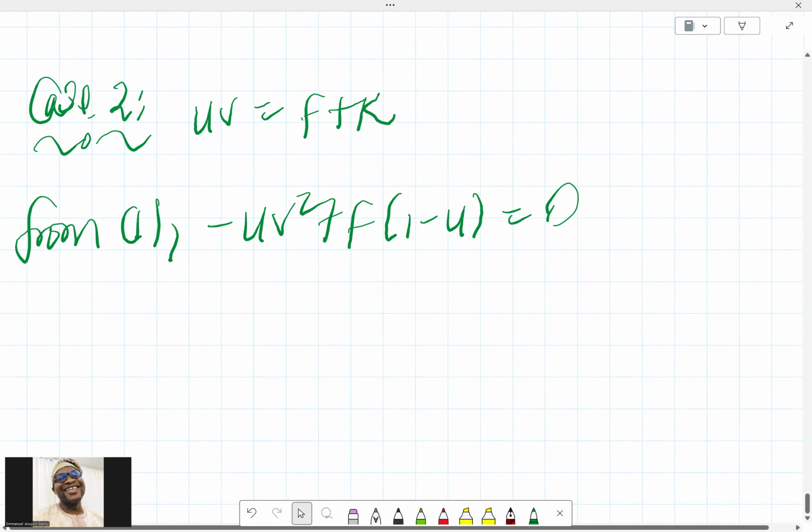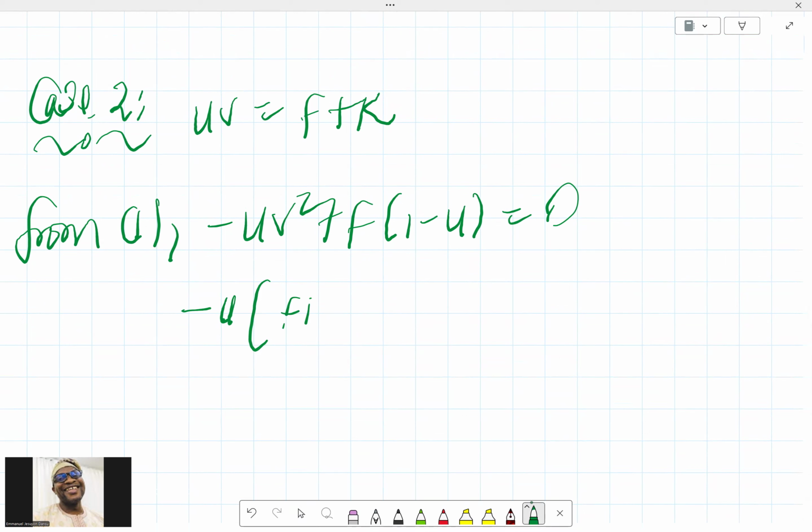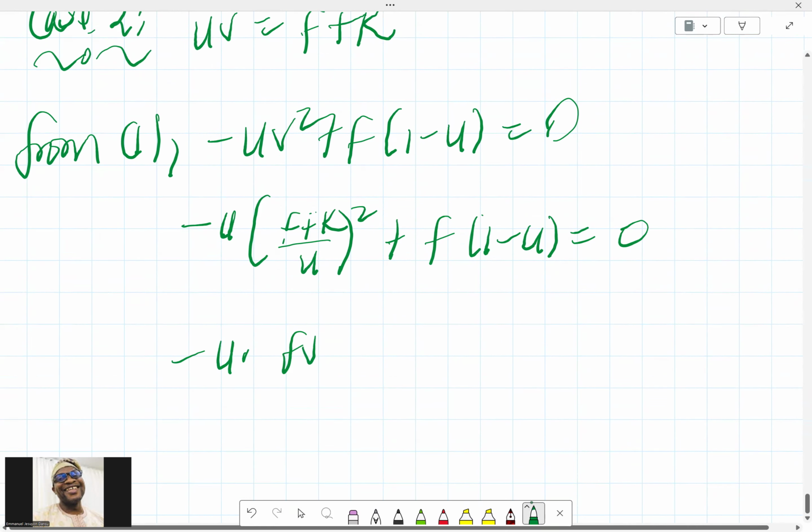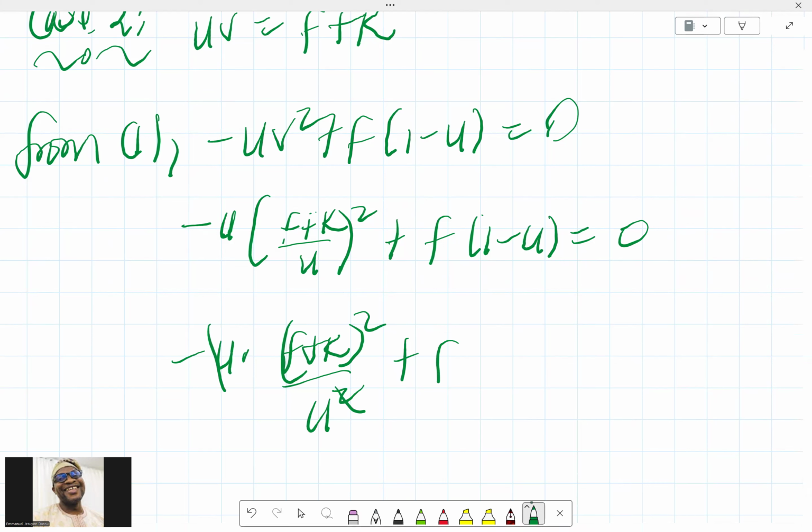So if we put uv for f plus k, that means that we have minus u, then v is f plus k over u, all squared, plus f into 1 minus u equals 0. So we have minus u times f plus k all squared all over u squared. So this u cancels 1u, plus f into 1 minus u equals 0.